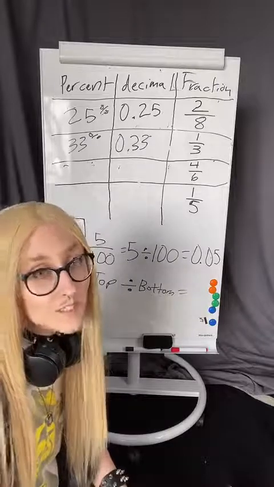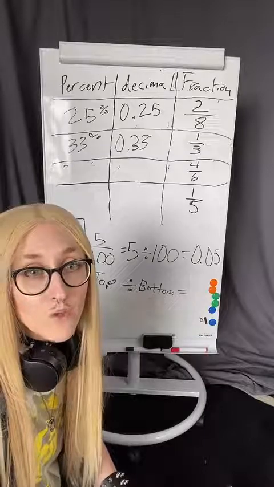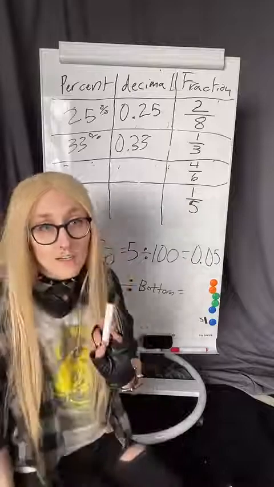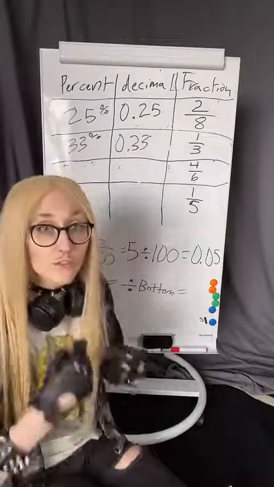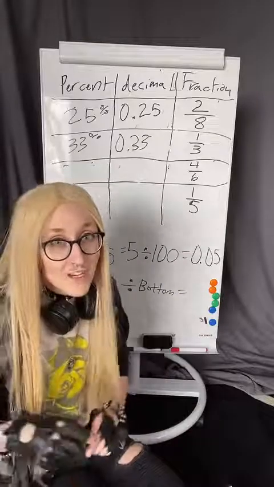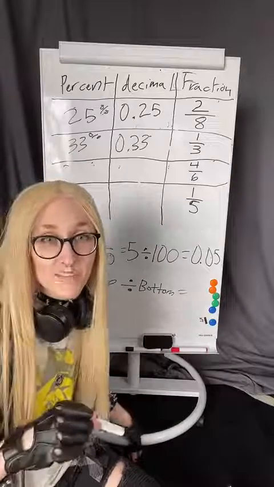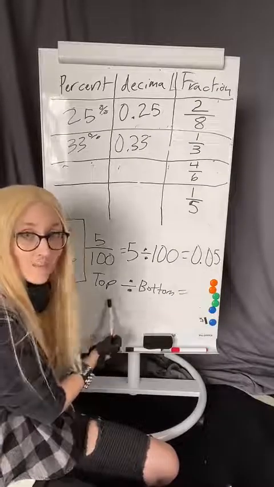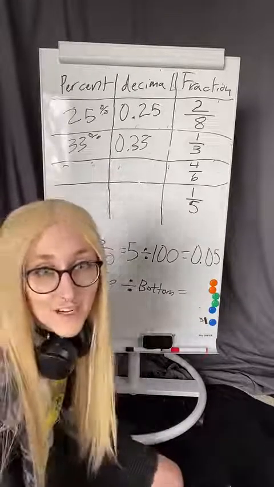We love to see some correct rounding. Beautiful. Now, if you got 1.5, I see what you did. You're like, question mark, that doesn't feel right. You did an internal logic check, which is awesome. What you did, if you got 1.5, is you accidentally did 6 divided by 4, right? You accidentally did the bottom divided by the top instead of the top divided by the bottom. So that's why you're getting that bigger number.